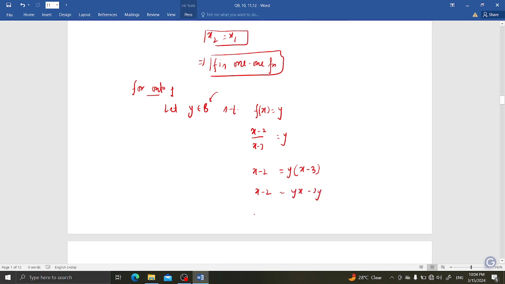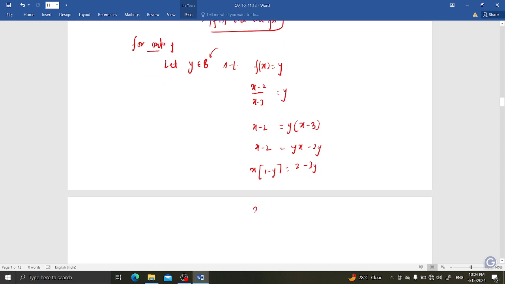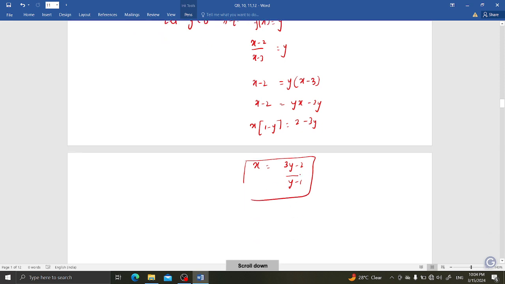Can I take x common on the left side? x times 1 minus y equals 2 minus 3y. So here we have x equals 3y minus 2 upon y minus 1. Can I write like that? Now here y is not equal to 1. For all y not equal to 1, x is defined.